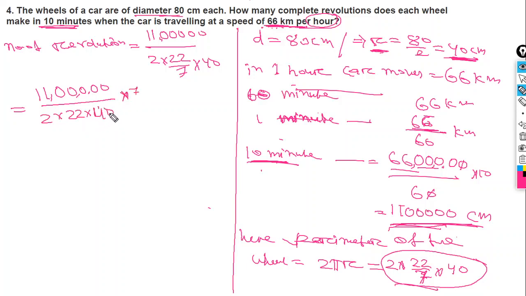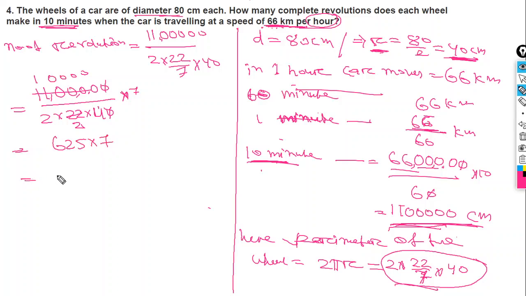Now you please cancel all of them. Here you have 11 2s are 44, then 0 0 0 0, 4 zeros, then you can cancel it, it will be equal to 625 into 7.